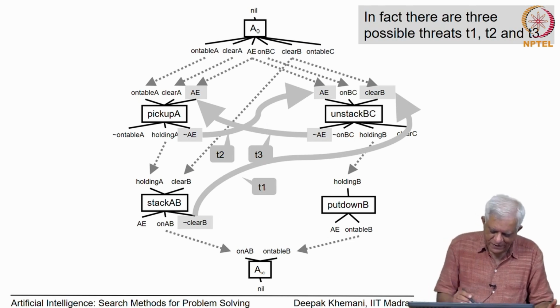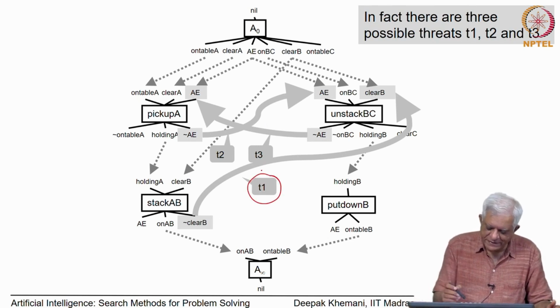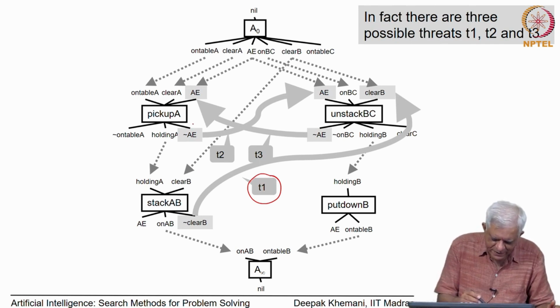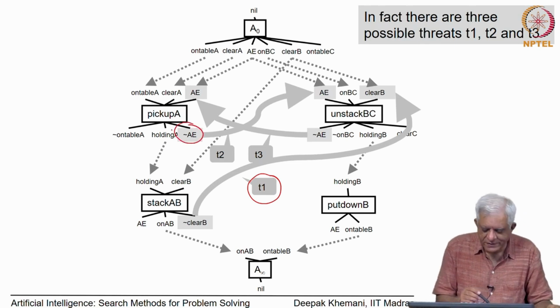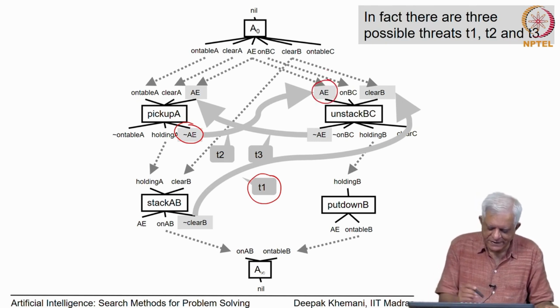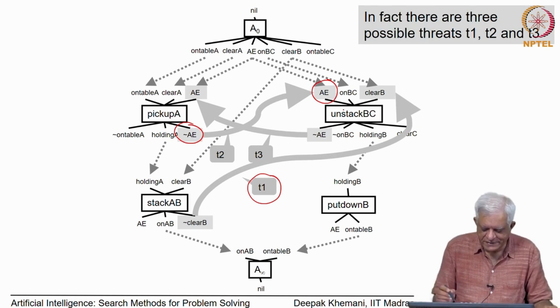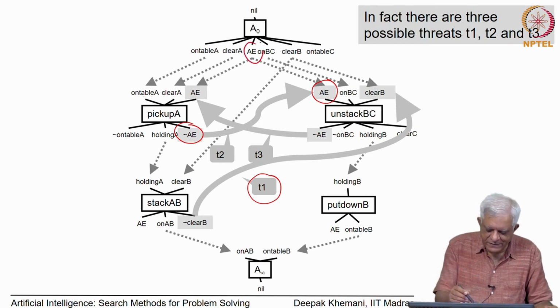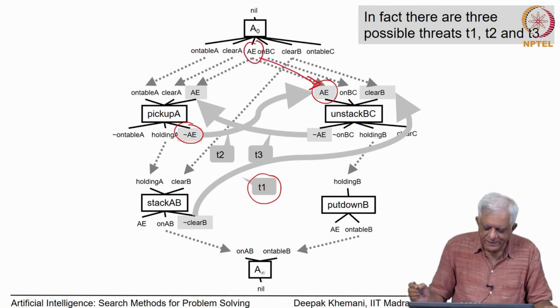The first one we have already identified, let us call it T1, but there is another threat which says that pickup A also produces not arm empty, and unstack BC wanted to consume arm empty. So, pickup A is a threat for this link, which is this link, right.